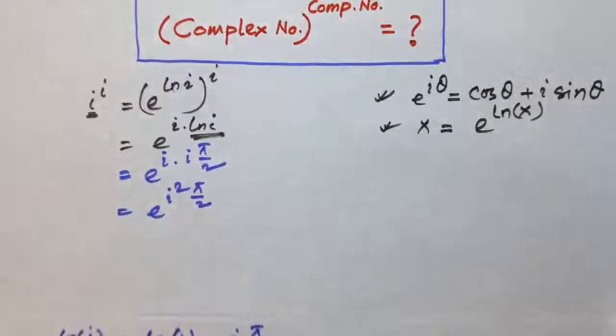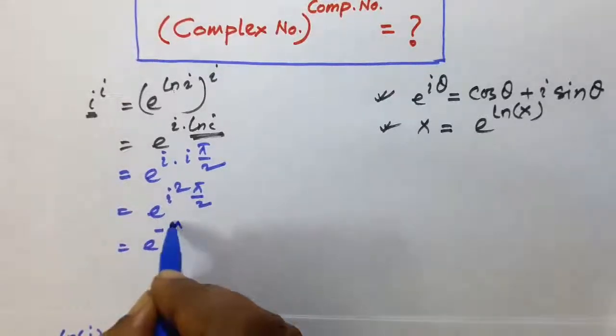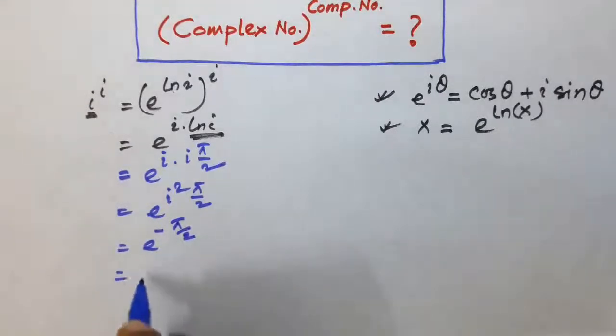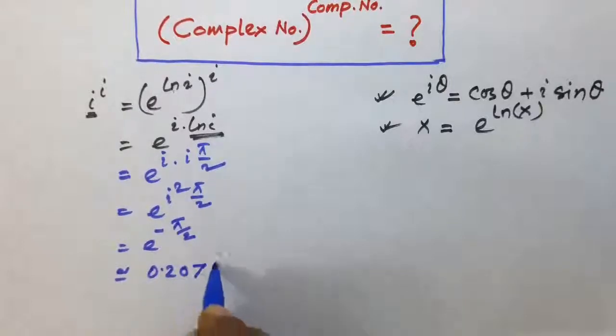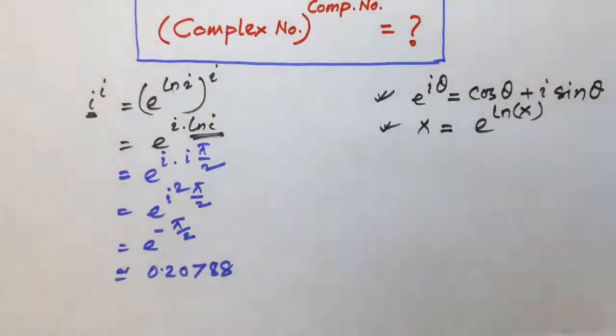So I square is equal to minus 1, so I can write e to the power minus pi over 2, which is near about 0.20788. What's the crazy matter? I to the power I is purely real. Amazing. Thanks a lot.